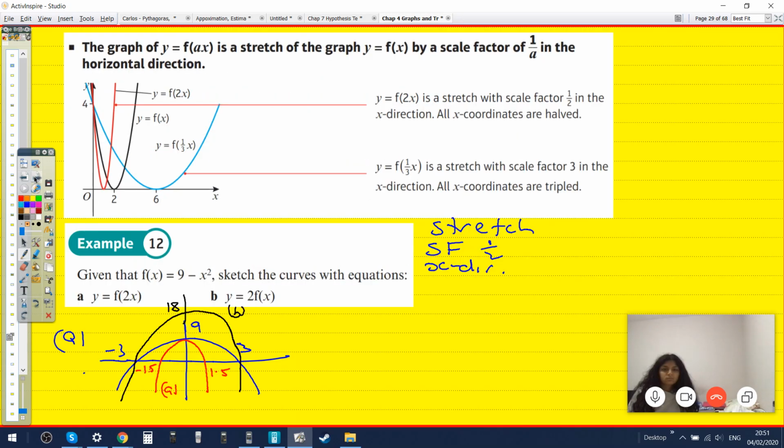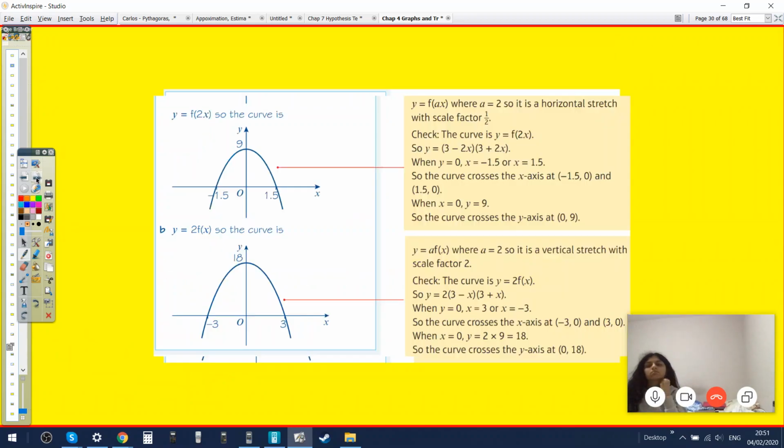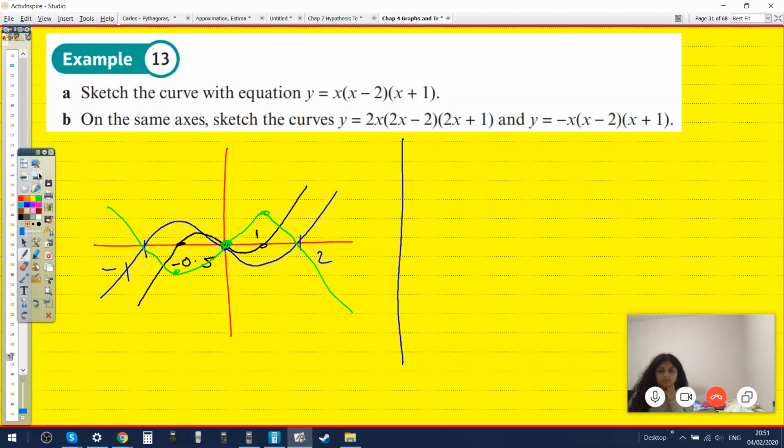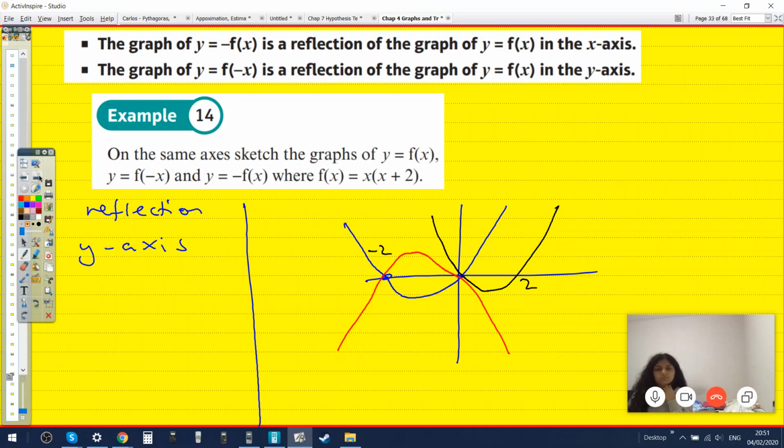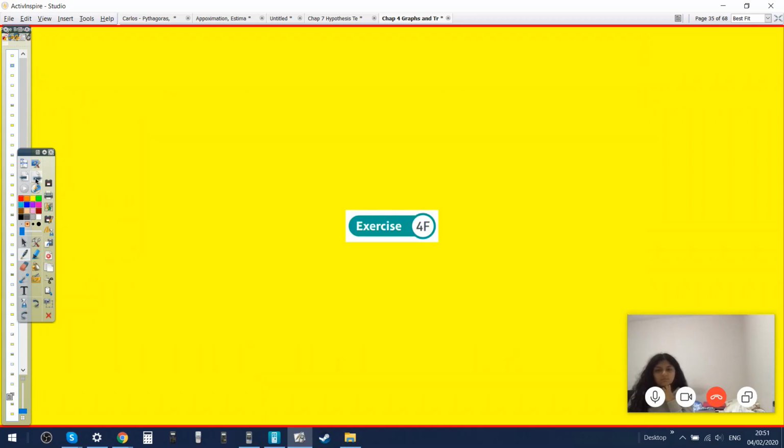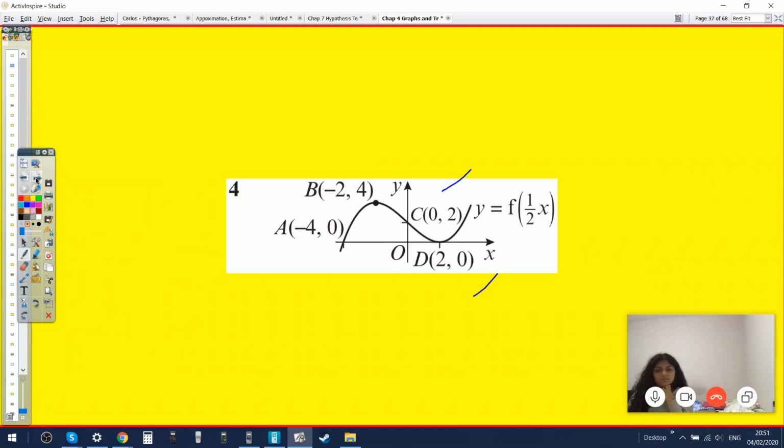Rest were good. So stretch, yes, x direction affects the x coordinates, y direction affects y coordinates. Special type of stretch is by -1, which is a reflection. Those were fine.